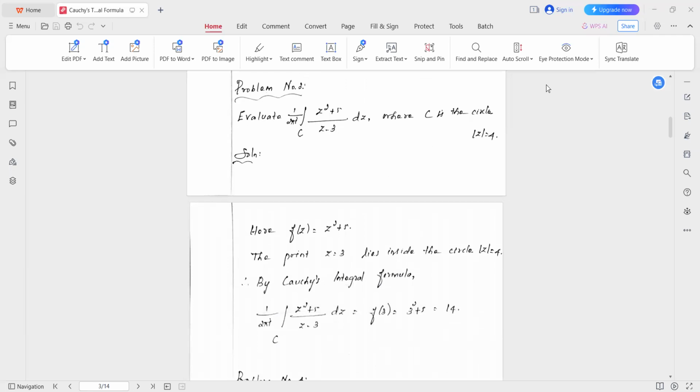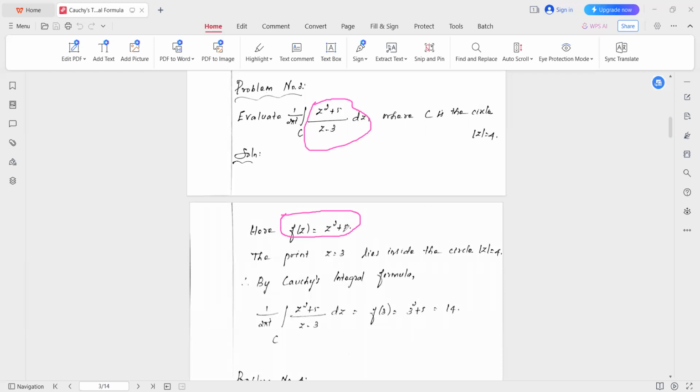So compare this function with Cauchy's integral formula. We get f of z as z square plus 5, because the denominator contains z minus 3, the same as z minus z naught. So the remaining thing is z square plus 5 only. Therefore we can take f of z as z square plus 5.